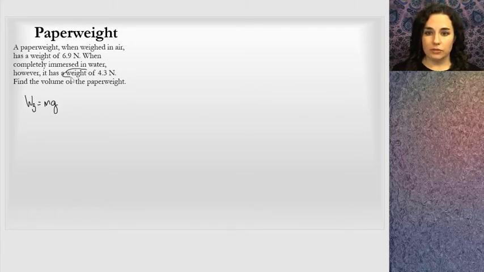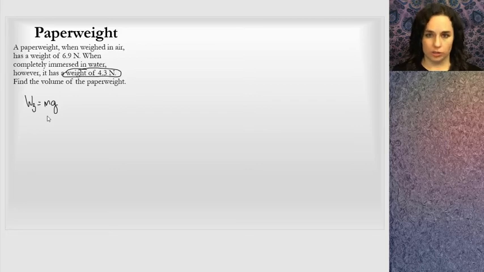This second force here, maybe I can think of it like if I put the paperweight on a scale in air and on a scale in water. The reading on those scales is going to be different. This is similar to if you stand on a scale in an elevator moving upward: you get a larger value than what you actually weigh.